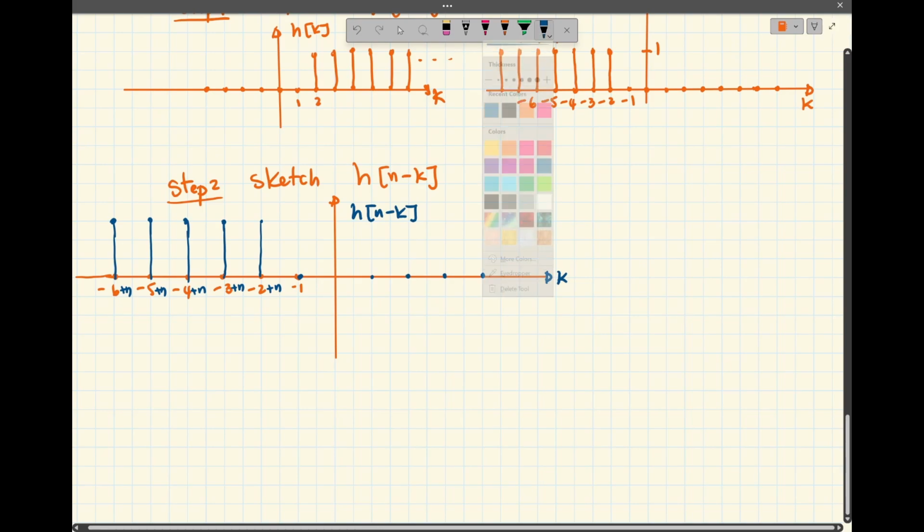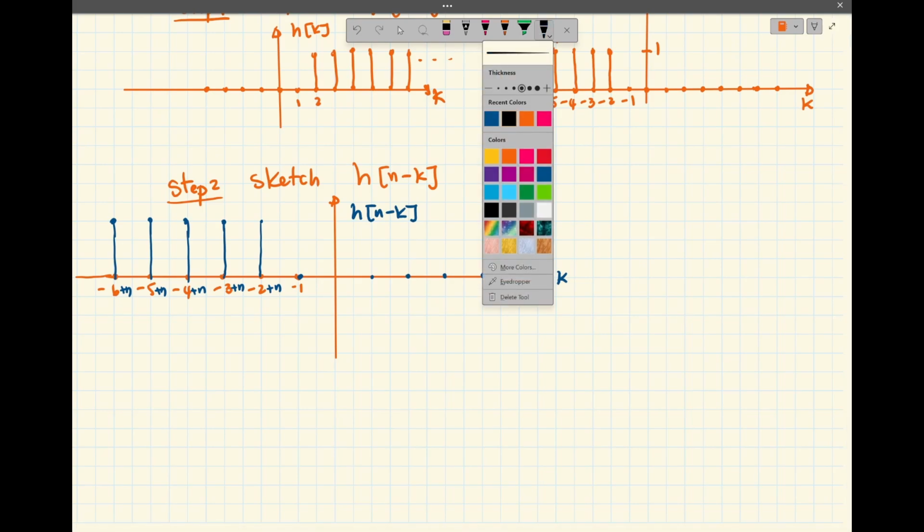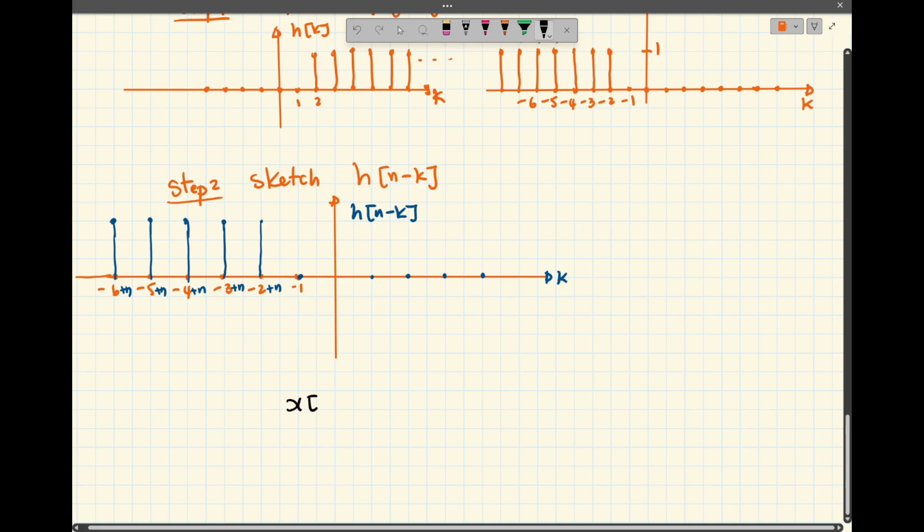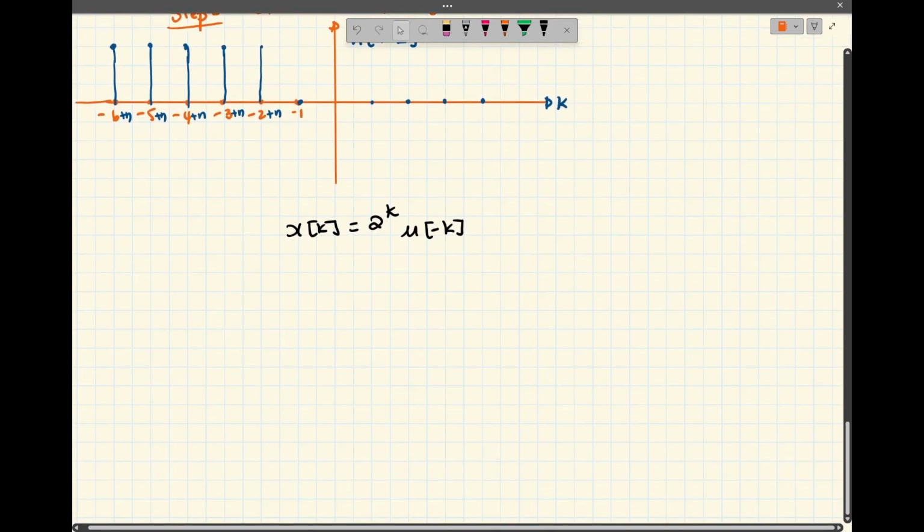Now I'm going to sketch x of k, which is 2 to the k u of minus k.